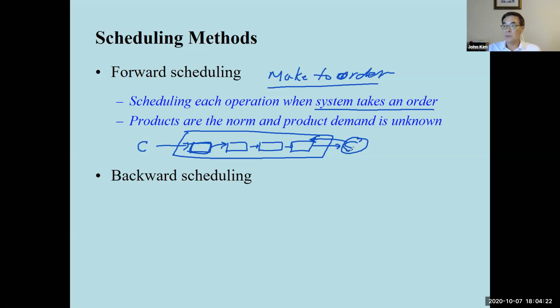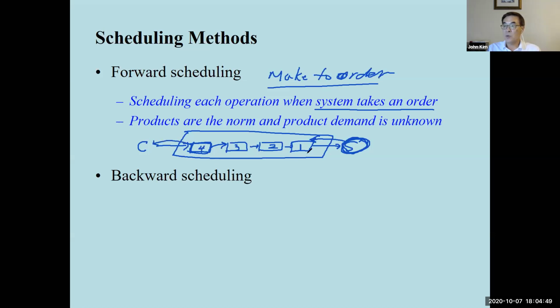Then the supplier says, two days later you will get it. Then this one knows when it comes. So schedule this one, and this one, and this one, then send to the customer.